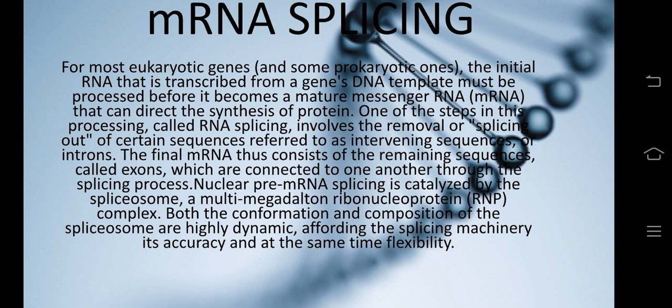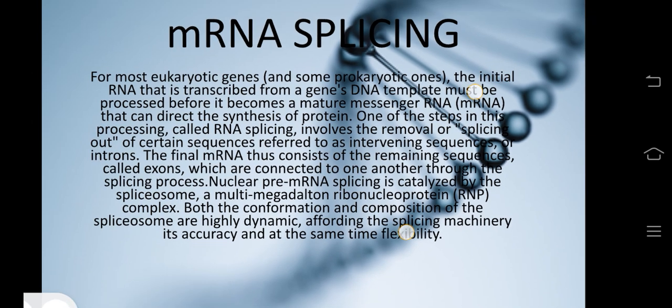The final mRNA consists of the remaining sequences called exons, which are connected to one another through the splicing process. Nuclear pre-mRNA splicing is catalyzed by the spliceosome, a multi-megadalton ribonucleoprotein complex. Both the conformation and composition of the spliceosome are highly dynamic, affording the splicing machinery its accuracy and at the same time flexibility.